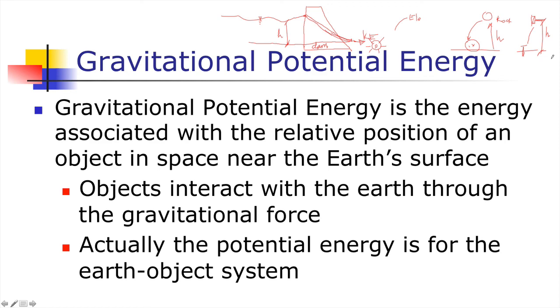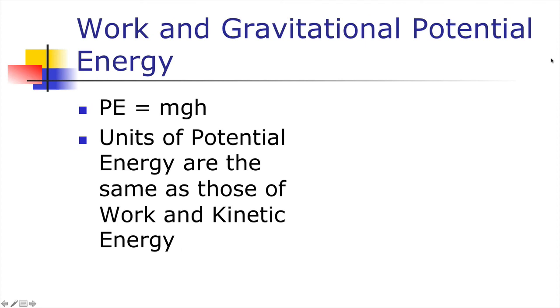So then what is the formula for potential energy? Simple. Potential energy of any object is equivalent to mass times gravity times height. If you have a book on a bookshelf, it has a potential energy of this. If this book is heavy with a tremendous amount of mass, if you are here, it can break you.